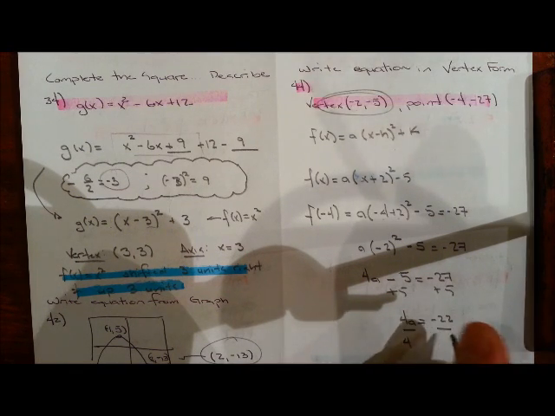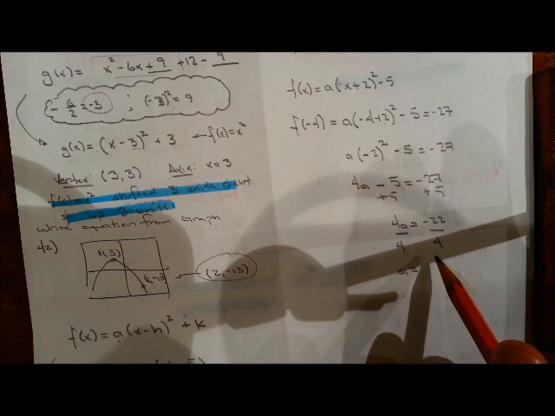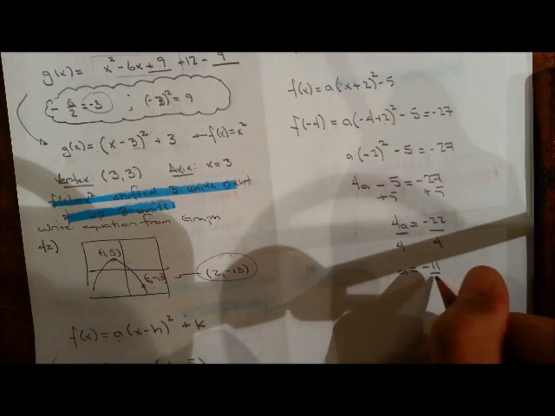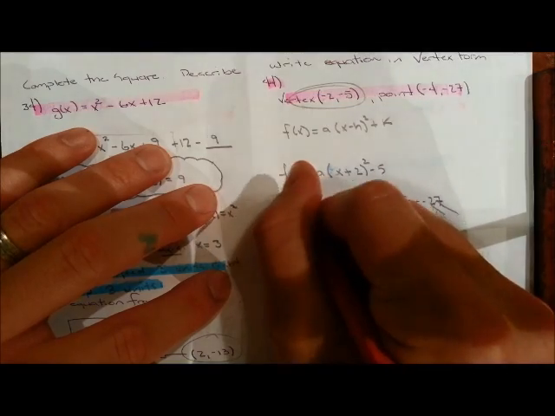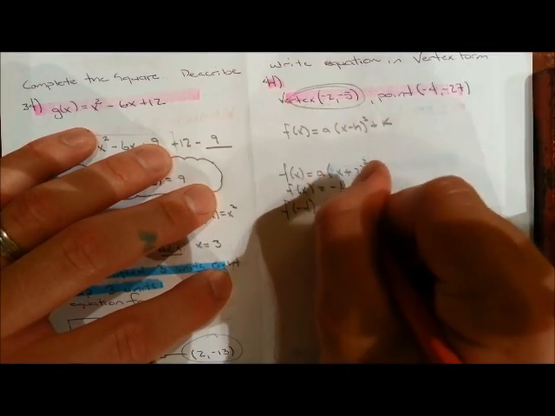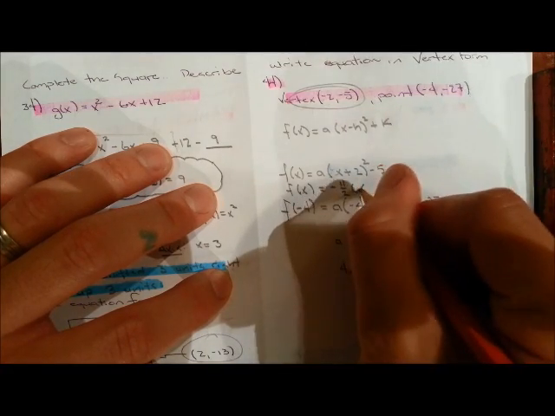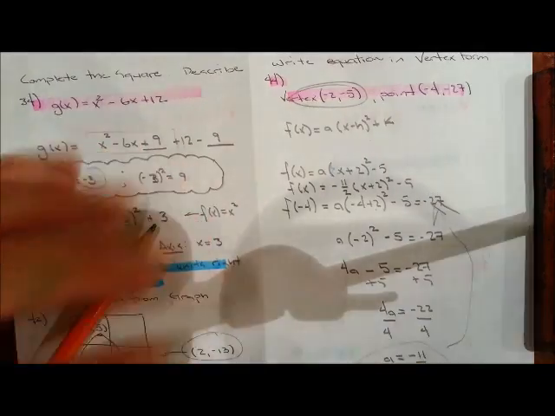It's not a great value that I end up with, but I just have to reduce down. So now, looking at that, this is negative 22 over 4. I'm going to have negative 11 over 2. It's ugly, but that is the a value that I'm going to plug in up top. My actual function f of x is equal to negative 11 over 2 times x plus 2 squared minus 5.